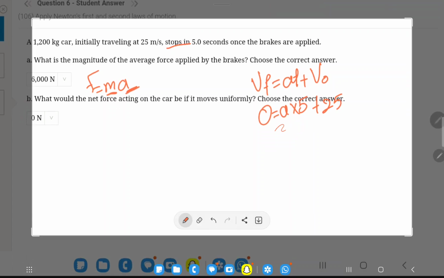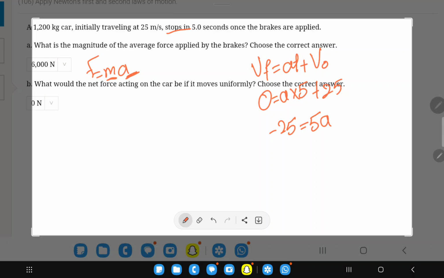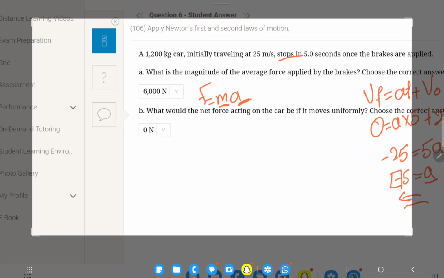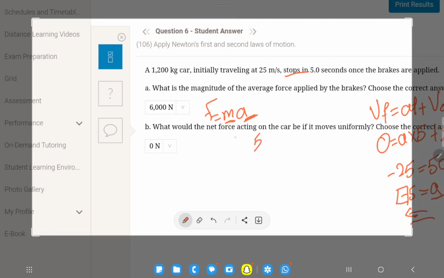We move to the other side, minus 25 equals 5A, divided by 5, minus 5 equals A. Now we don't need to use the minus here, the minus just tells us that the force is acting in the negative direction, or the object is decelerating. We have the acceleration now, it's 5, times the mass 1200 equals F, and F is 6,000 newtons.